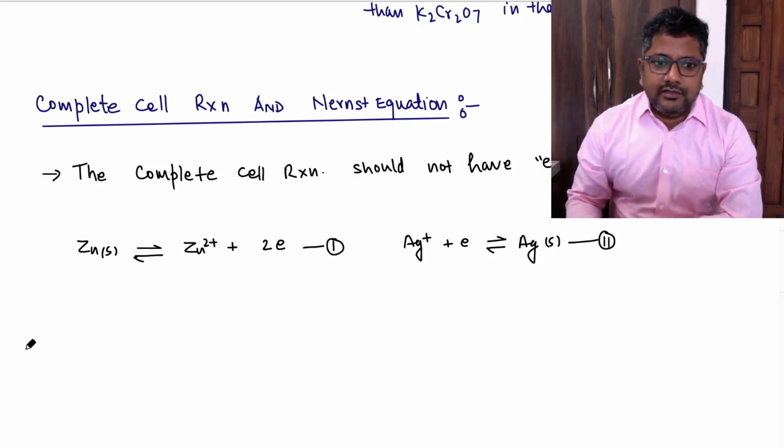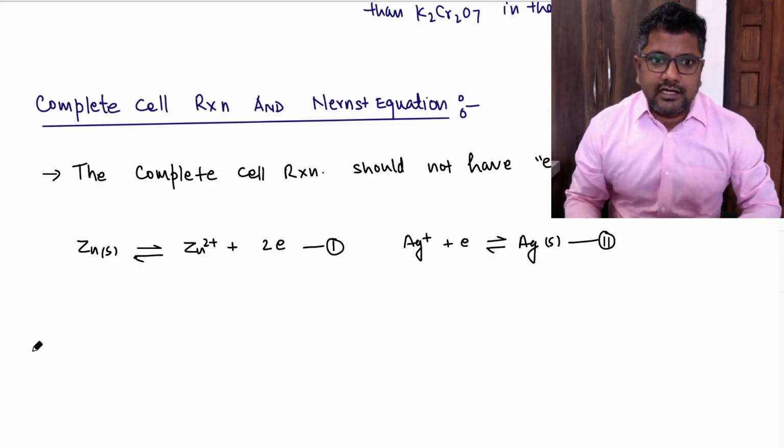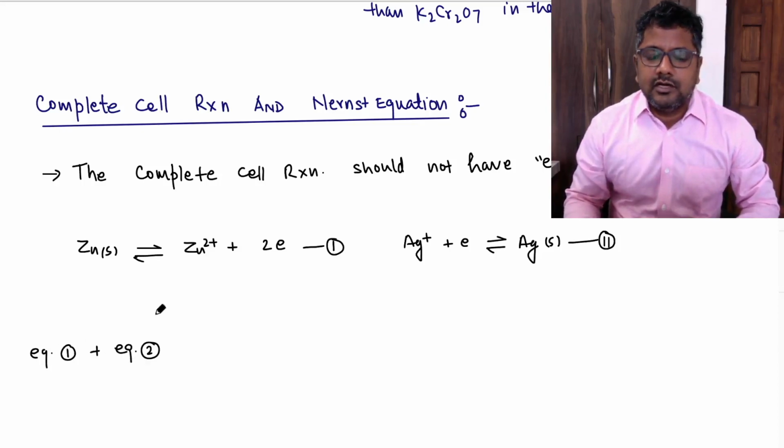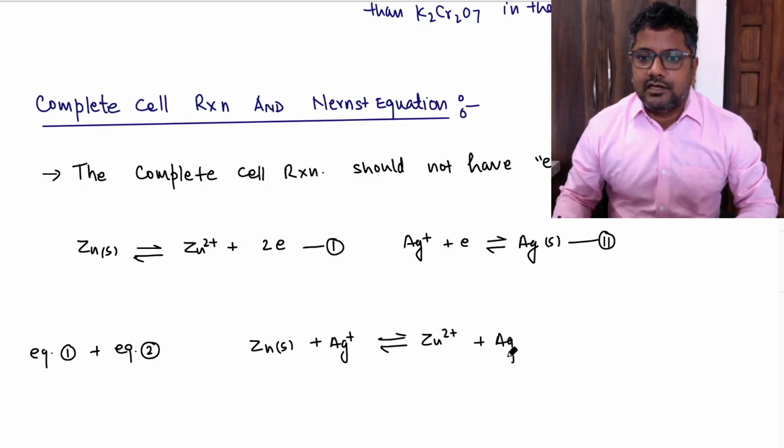Now if you add equation 1 plus equation 2, what do you get? Zn solid plus Ag+ gives Zn2+ plus Ag solid plus electron.